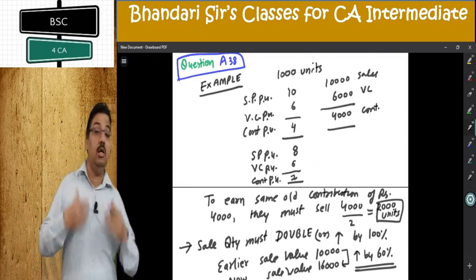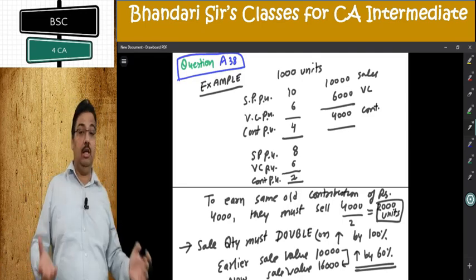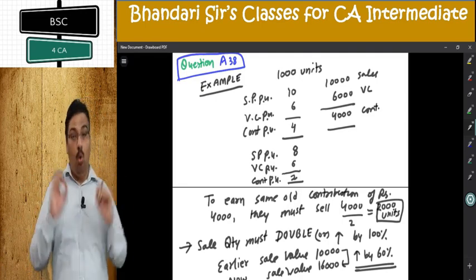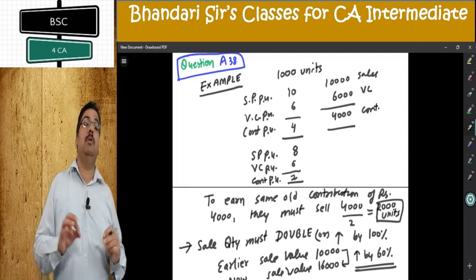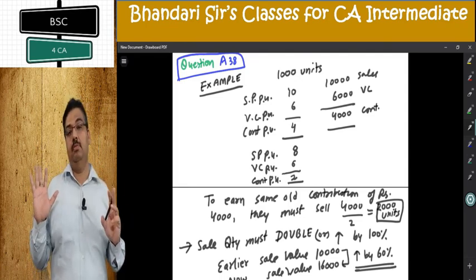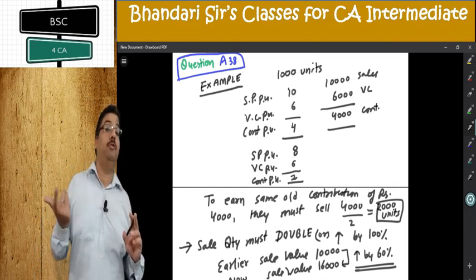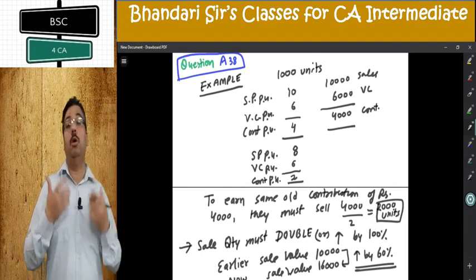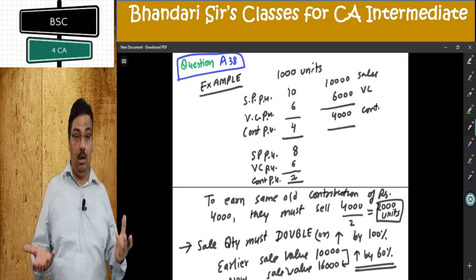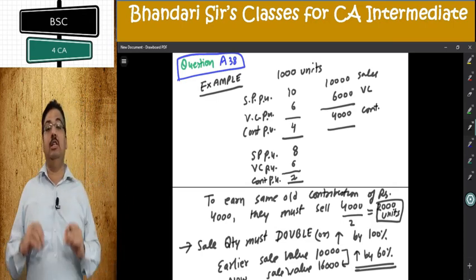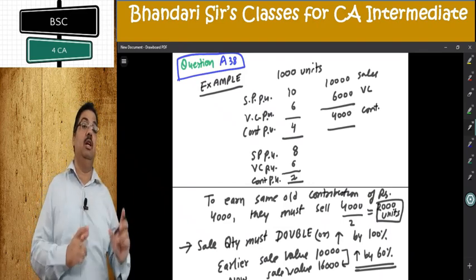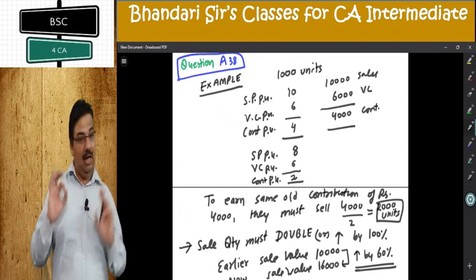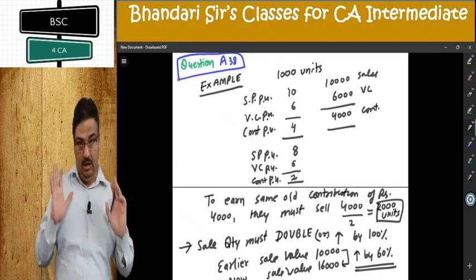Sale quantity must double, sale value must increase by 60%. Only then can we offset the reduction of 20% in selling price. If selling price reduces and you want to offset, quantity has to increase. How much? It has to double. The sale revenue increases from 10,000 to 16,000, making it a 60% increase in sale value. That completes question A38.